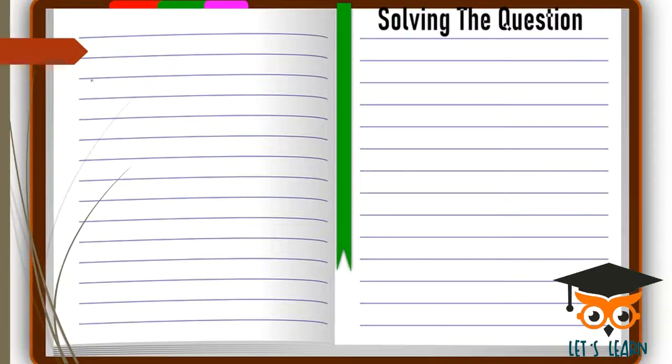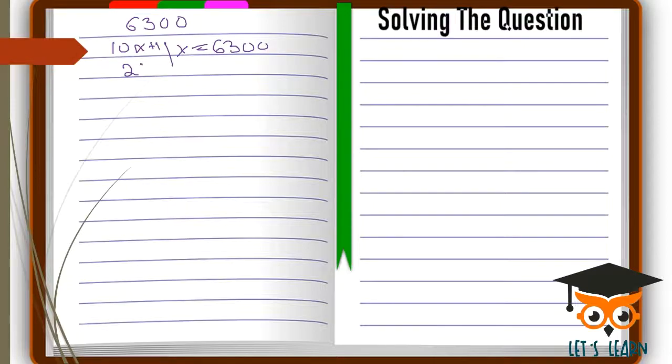Now the next number is 6300, and now 10x plus 11x equals 6300.